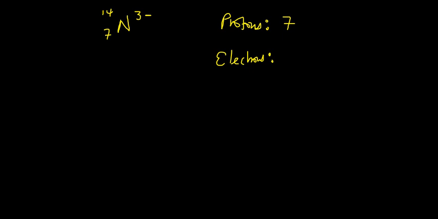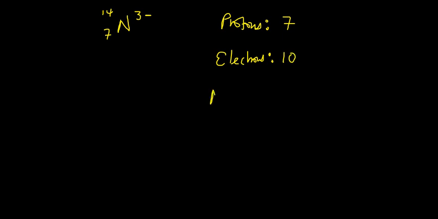So you've seen that is where it changes, because this one is an ion, it's not a neutral atom. You can see a charge on top there, a charge of -3. And remember, if you have got a negative charge, it means that something has gained. So initially it was supposed to have 7 electrons, but because of that -3 charge, it means that this nitrogen has gained 3 electrons. So 7 plus 3, it now has 10 electrons.